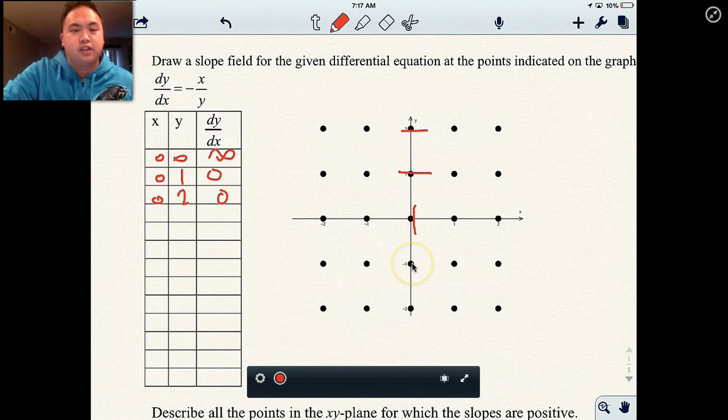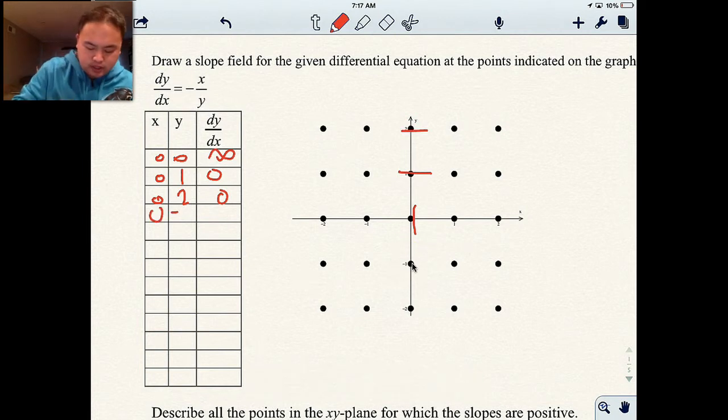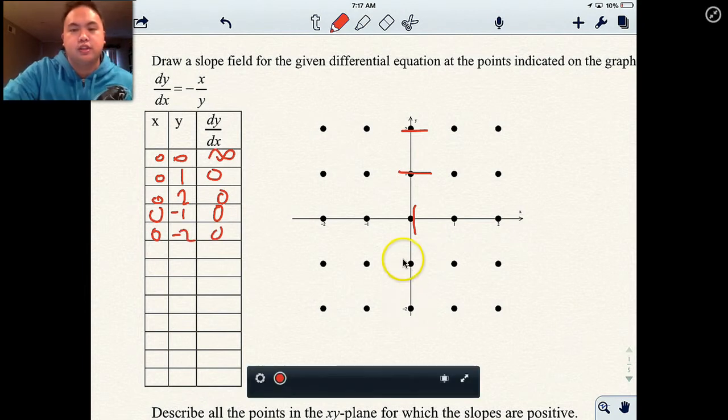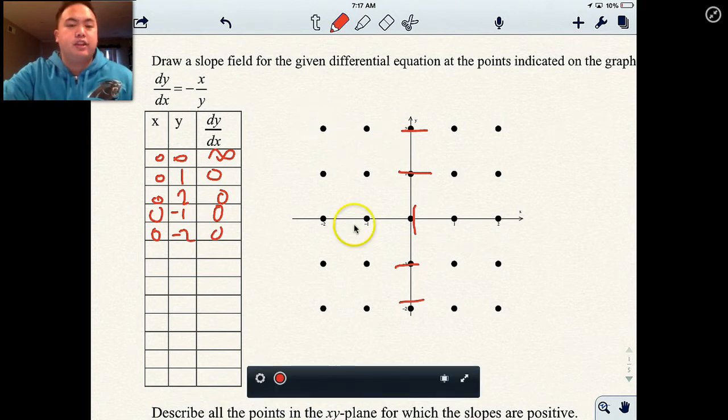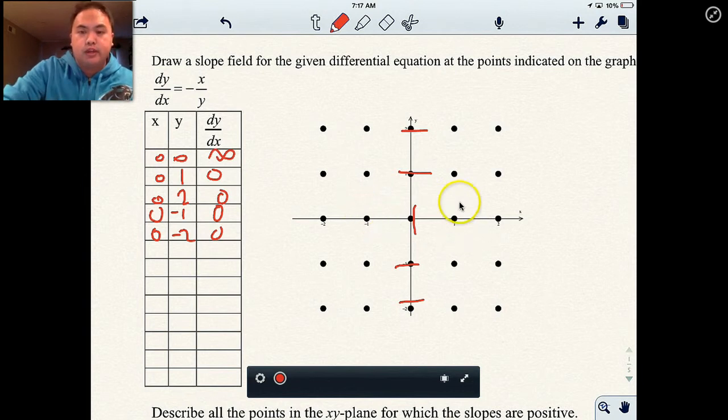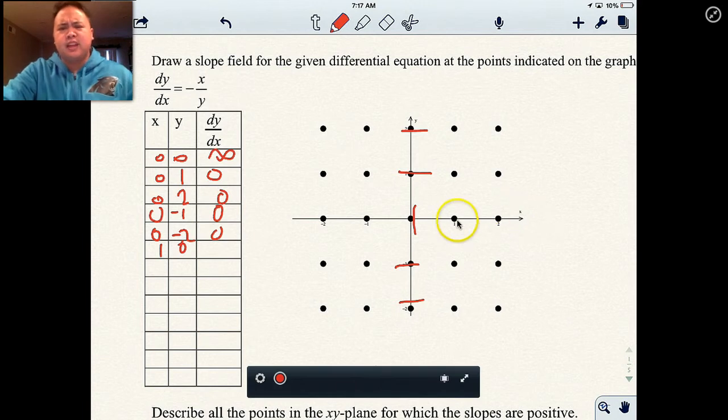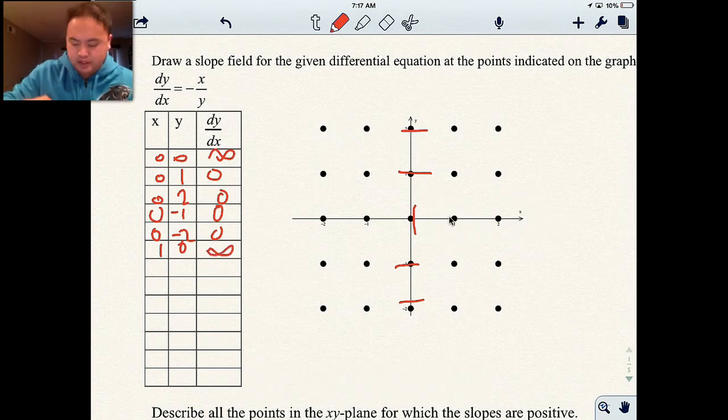If I do 0, negative 1, you can see the pattern: if I did this for all the points on the y-axis, I would get this. By the same token, if I did everything on the x-axis, at the point 1, 0, I get 1 divided by 0, which is undefined, or infinity, because you can't divide by 0. And you'll get the same thing for all of these.